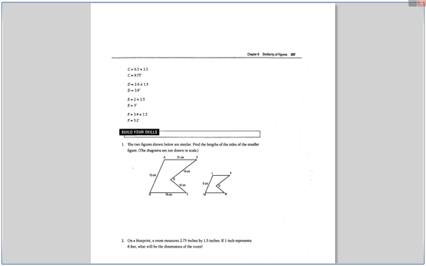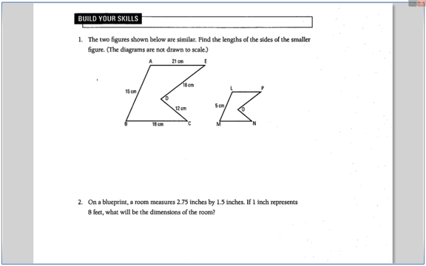I will start with example 1 on build your skills. It says the two figures shown below are similar. Find the lengths of the sides of the smaller figure. And the diagrams are not to scale. So the formula that I will use is called the scale factor formula, and it is model divided by original.